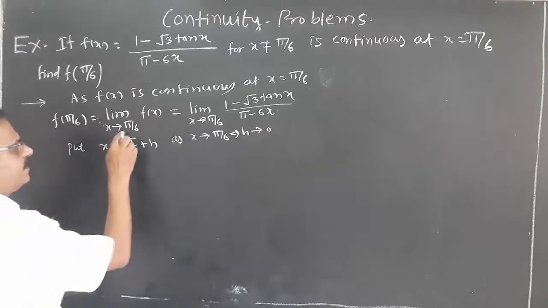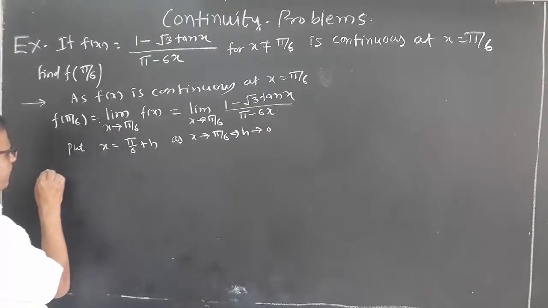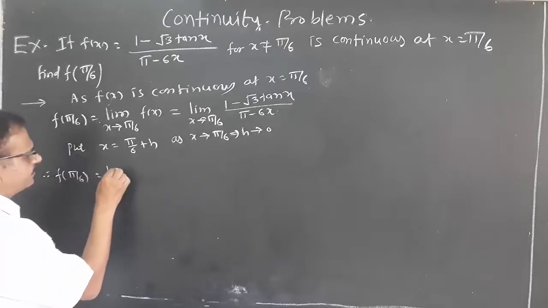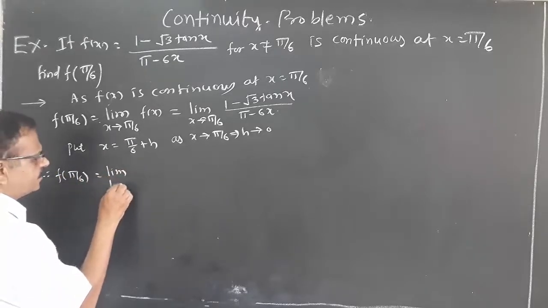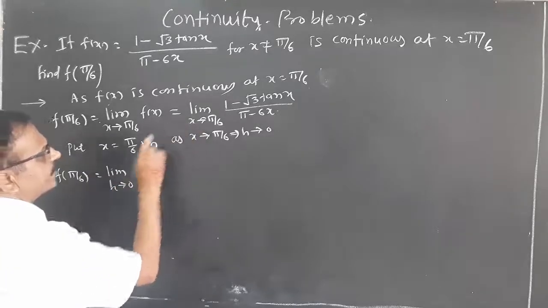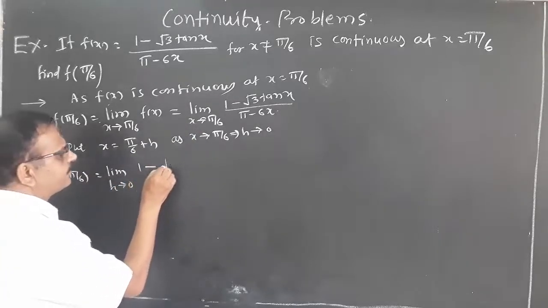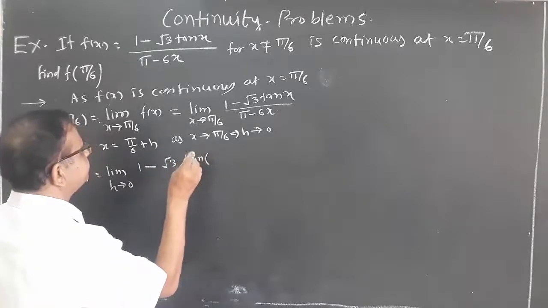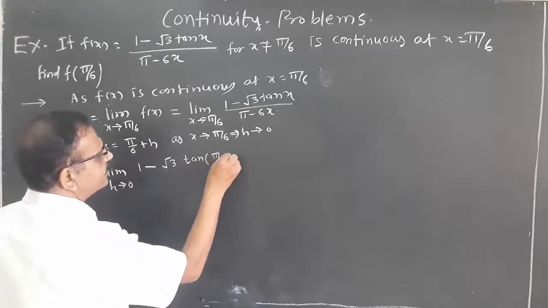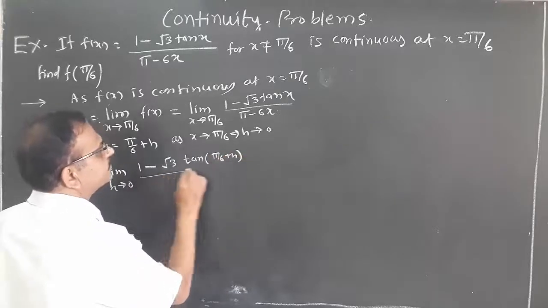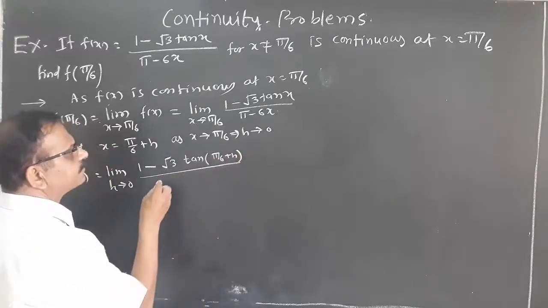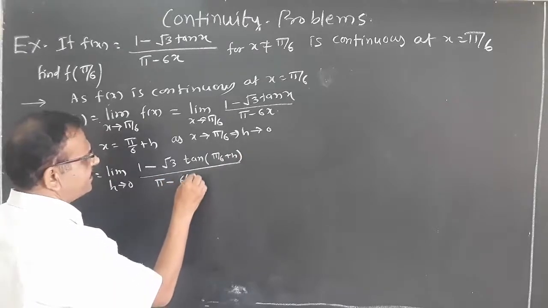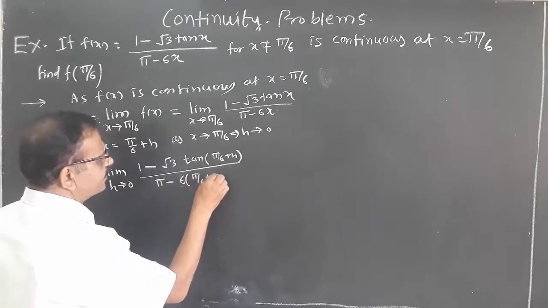Therefore, this becomes f of pi by 6 equal to limit h tends to 0 of 1 minus root 3 times tan of pi by 6 plus h, divided by pi minus 6 times pi by 6 plus h.